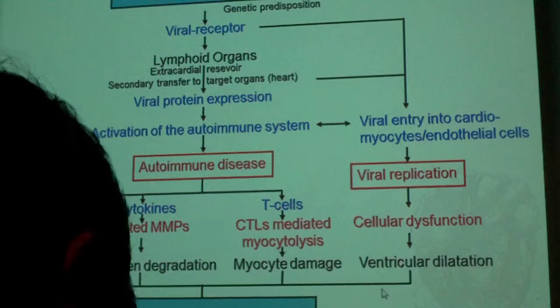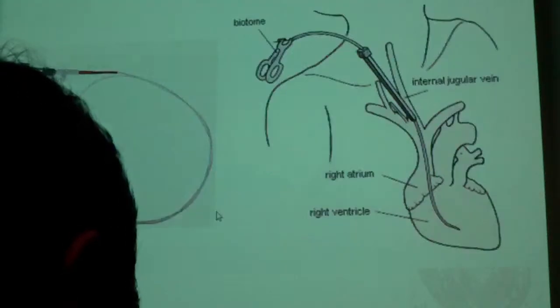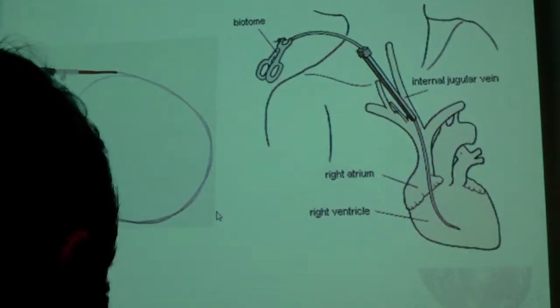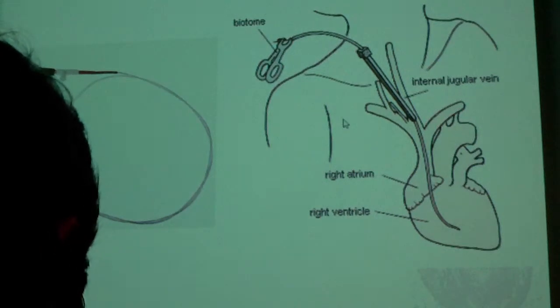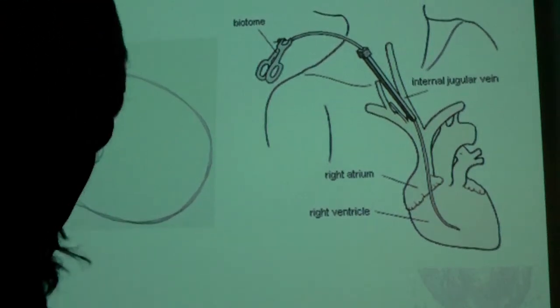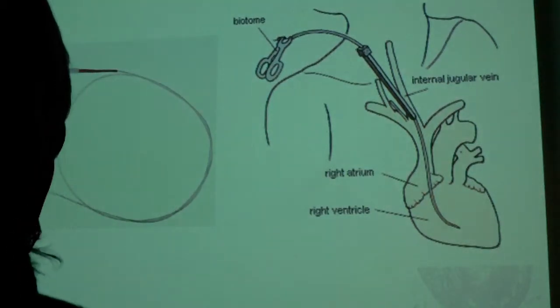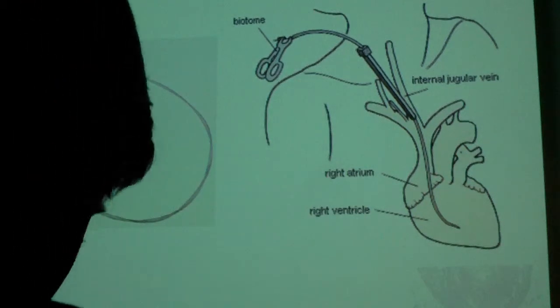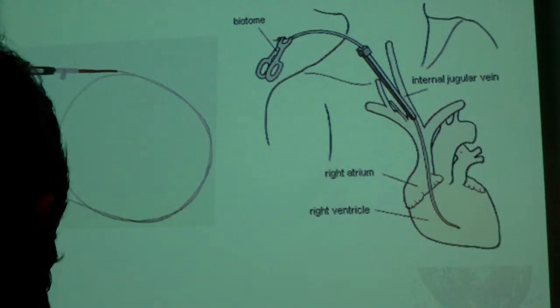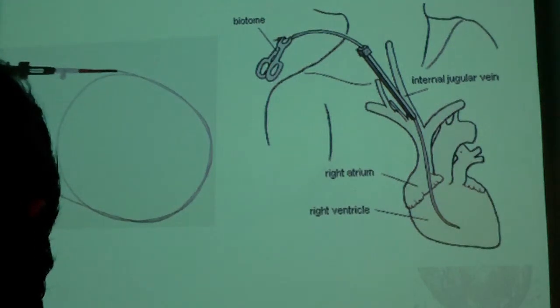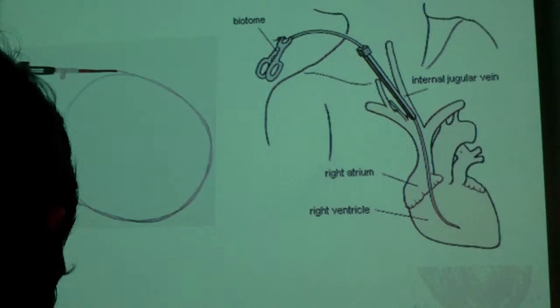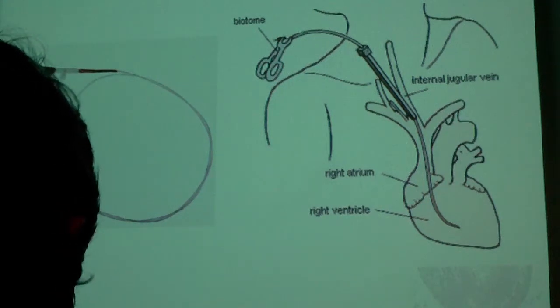And that's why we need to look in detail at what happens in each patient, and that's why we take endomyocardial biopsies in the patient that has the exuberated response, the patient with heart failure. You can see that it's an inflammatory heart disease. When you look at the cardiac MRI, look a little bit further: is it more an autoimmune disease, or is it more due to the viruses?